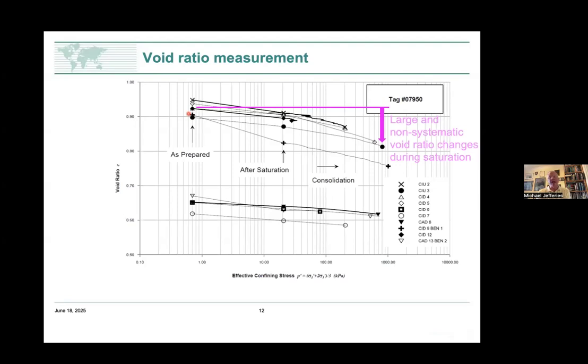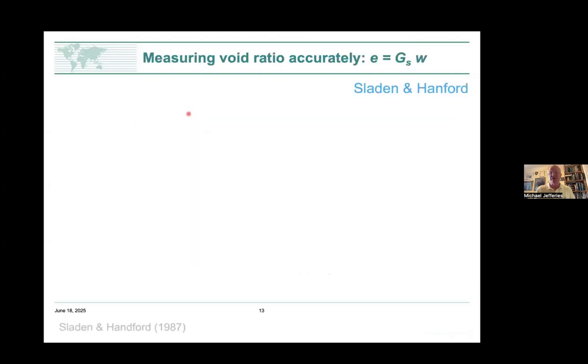If you walk into any of them, there'll be certificates on the wall saying they are ISO certified or got quality assurance certificates, etc. And they're using transducers with 2% accuracy on pore pressure, whatever the numbers are. But there'll be no certificate saying we can measure void ratio. Because as yet as a profession, we do not have, to my knowledge, a standard saying this is how you measure void ratio.